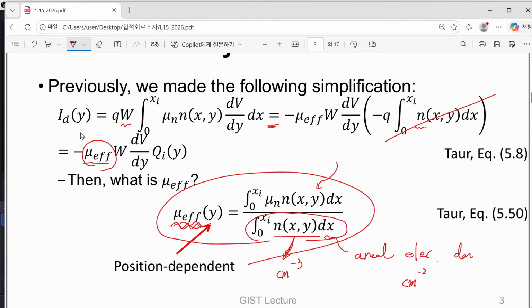This is easy to understand, but when you have a look at this upper part, the integrand is no longer just electron density. It is the product between electron density and mobility. So then we will have a very strange quantity, but eventually that is once again divided by this integrated electron density.